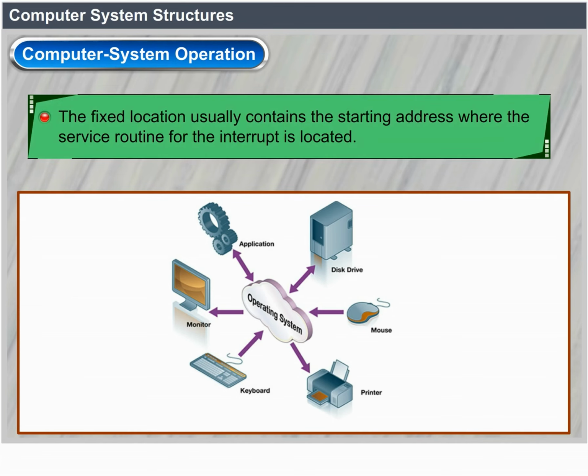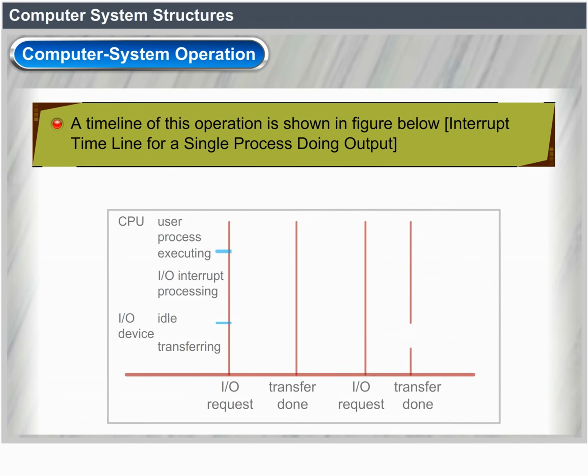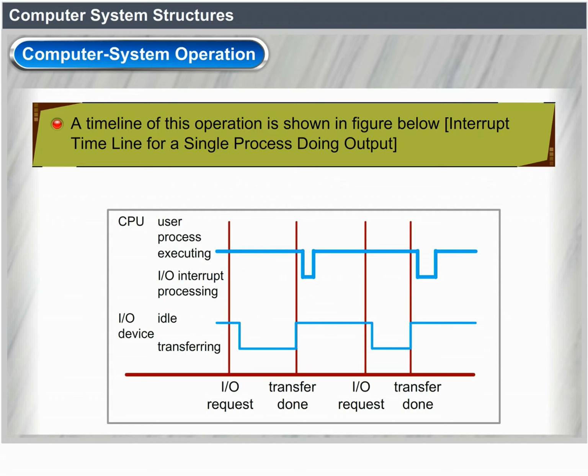The fixed location usually contains the starting address where the service routine for the interrupt is located. The interrupt service routine executes. On completion, the CPU resumes the interrupted computation. A timeline of this operation is shown in the figure below. Interrupt timeline for a single process doing output.